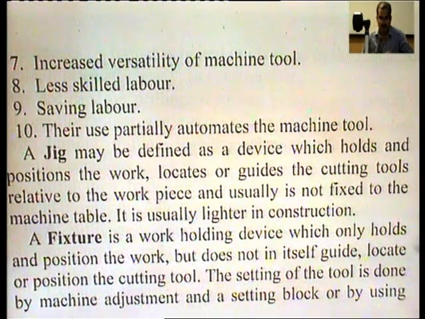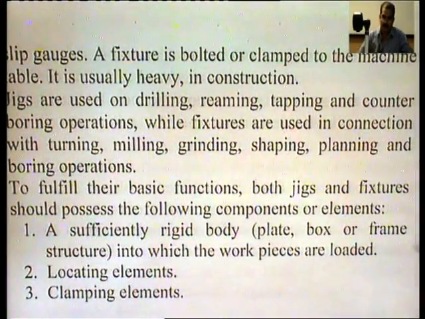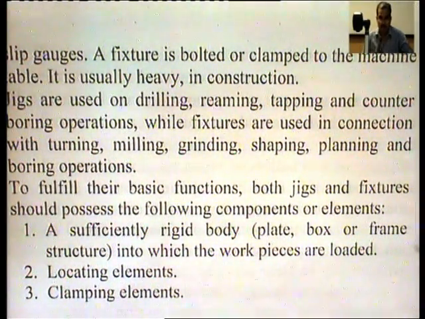The setting of the tool is done by machine adjustment and setting blocks or by using slip gauges. A fixture is generally bolted or clamped to the machine table. It is usually heavy in construction.